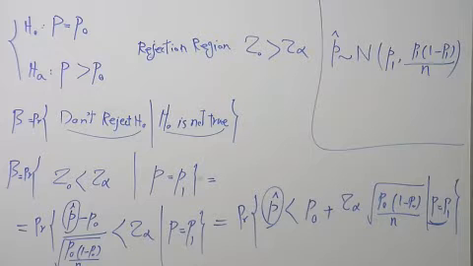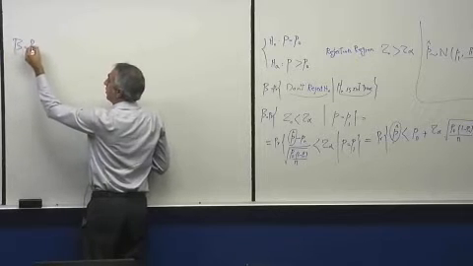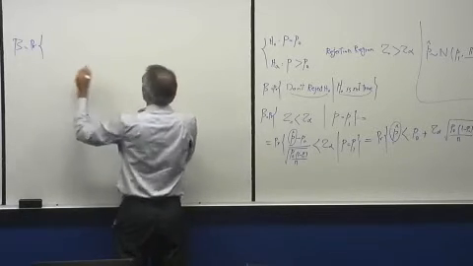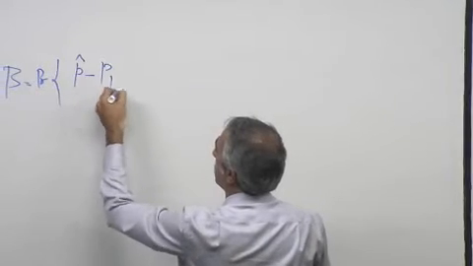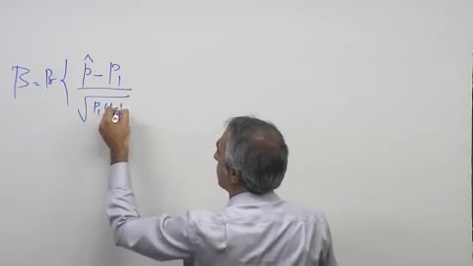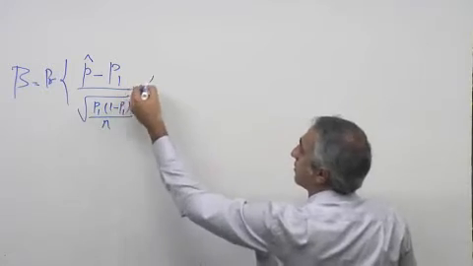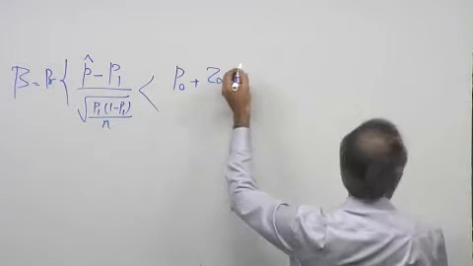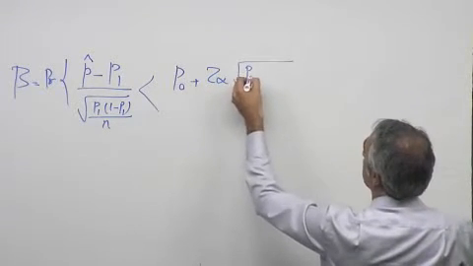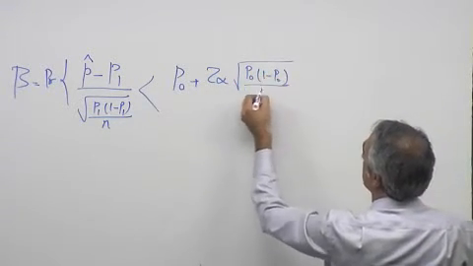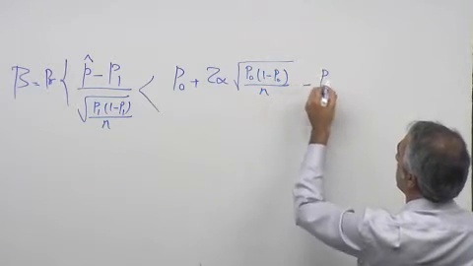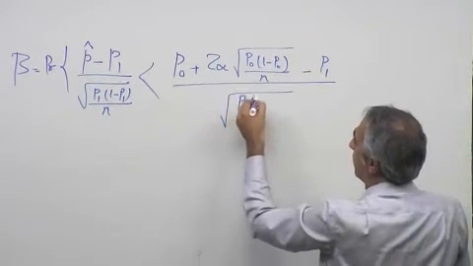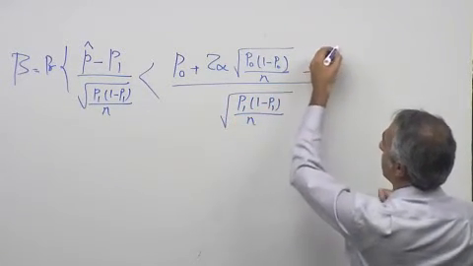So I continue here. My beta would be the probability of (P hat minus P1) divided by the standard deviation, less than (P0 plus Z alpha times the square root of P0 (1 minus P0), minus P1) divided by the square root of P1 (1 minus P1) over n.